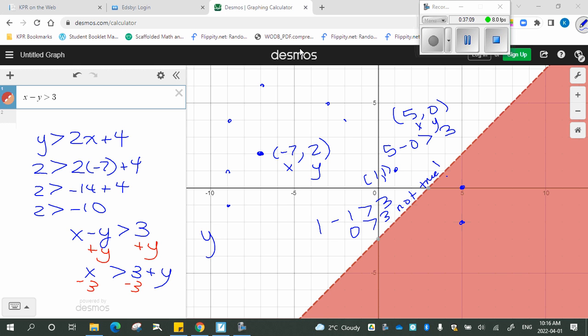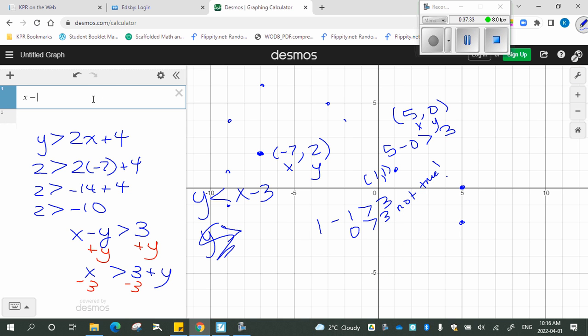Ah, so when y is by itself, I need the eraser. So see, I can switch sides, but the arrow is pointing at the y. Y is less than x minus 3. So another way of saying x minus y is greater than 3 is saying y is less than x minus 3.